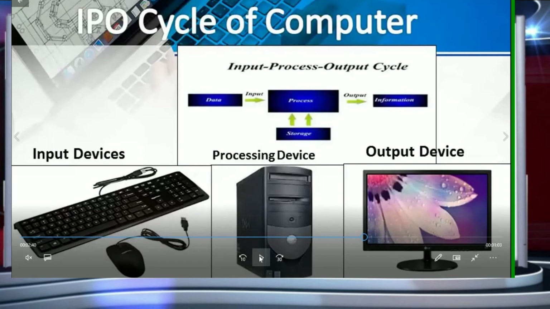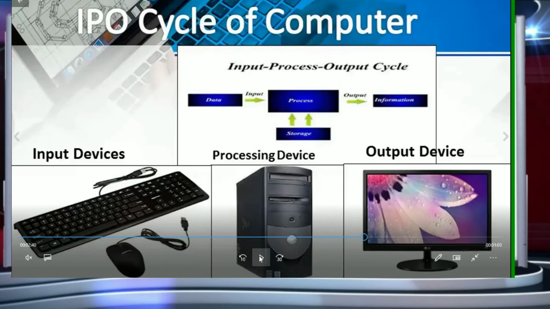Then output. Output means the final result. When the CPU finishes processing the data, the output is displayed on the monitor. Monitor and printer are the most common output devices. So here we have input devices, mouse and keyboard, through which we give the input to the computer.